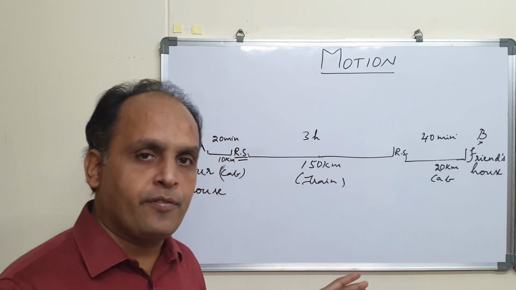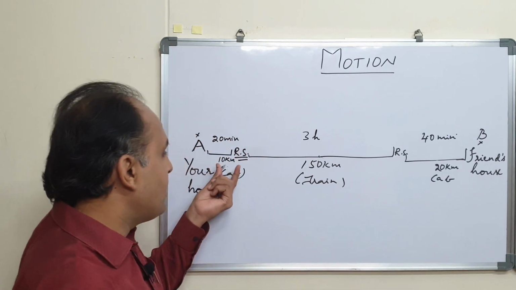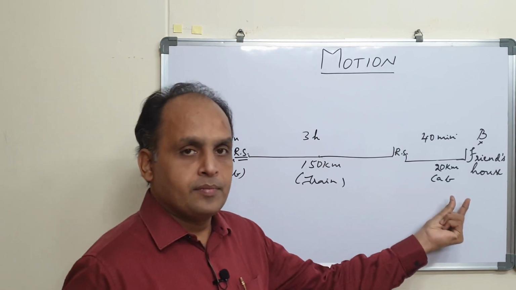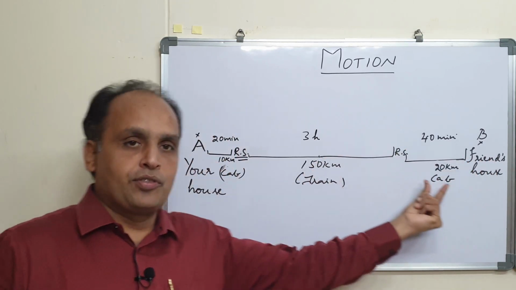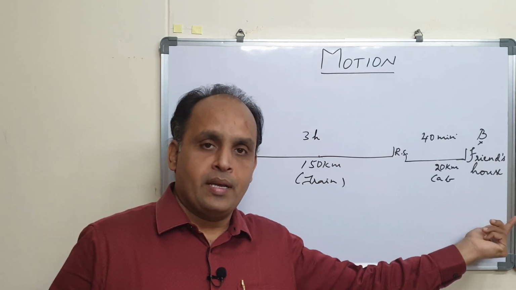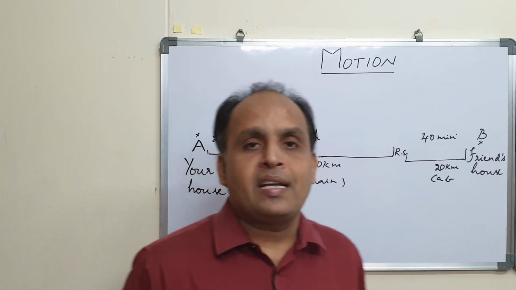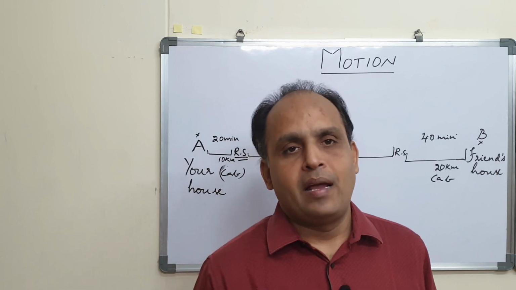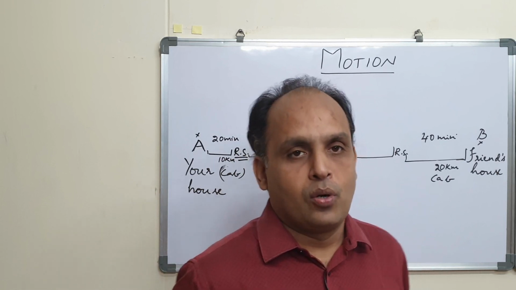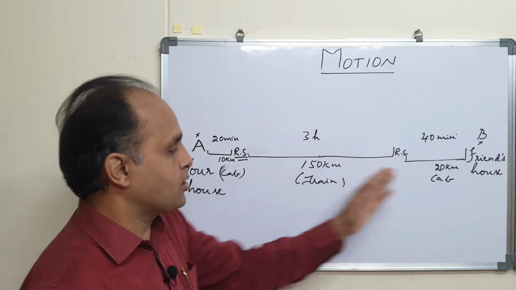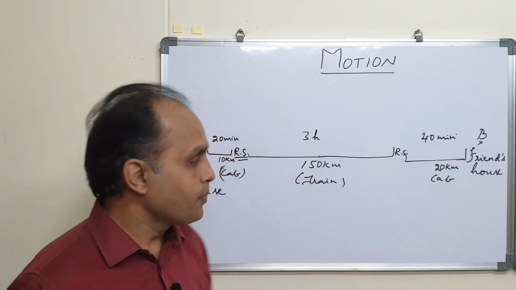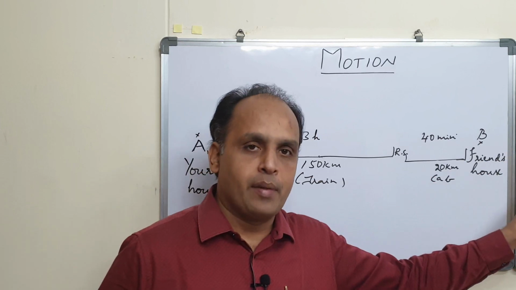Now if you observe carefully here, you have covered different distances in different times, by different means. So you cannot calculate the speed as such. For calculating this kind of speed, you need to know the total distance traveled by you and the total time taken by you.